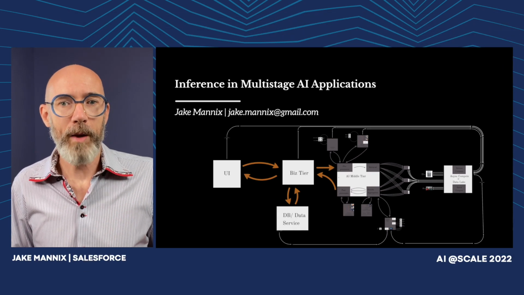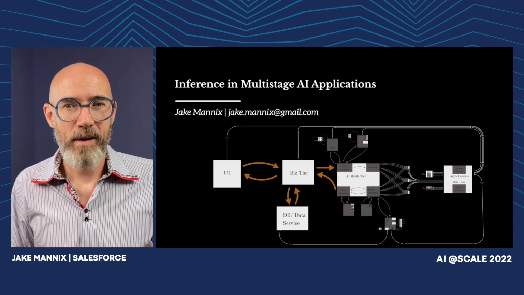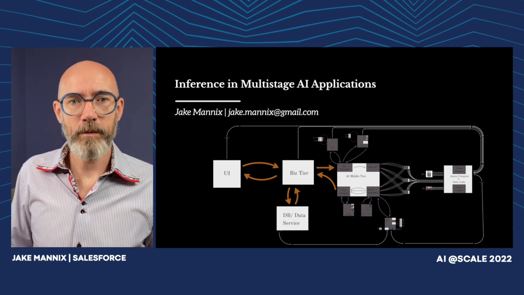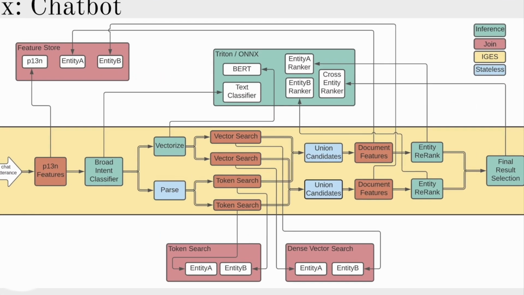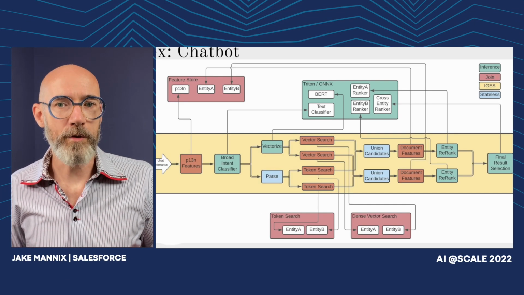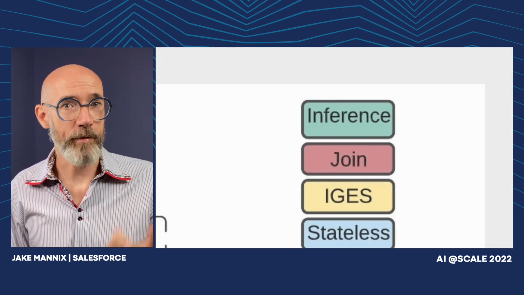Okay, so that was a speed round through a complex AI application at inference time. Let's zoom in on another view of, say, a chatbot, and let's break down the inference into distinct categories. This is really the same thing we were just looking at, but instead of grouping these services as the document metadata service and the personalization service and the natural language service, let's isolate them into things like: are we doing straight up model inference?